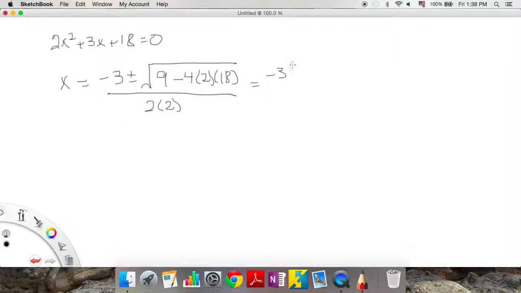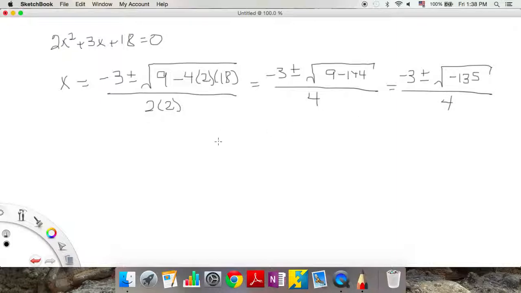So that gives us negative 3 plus or minus the square root of 9 minus 144 all over 4, which is negative 3 plus or minus the square root of negative 135 over 4. And simplify that out, we get negative 3 plus or minus 3i times the square root of 15. I got it wrong in my notes here, I know. Nope, that's not right.